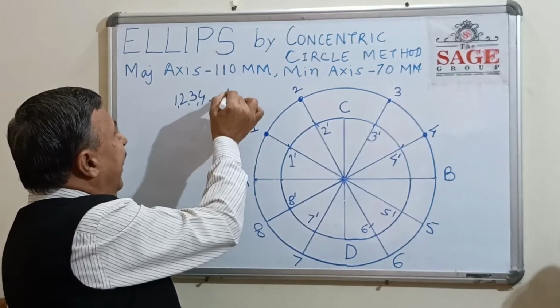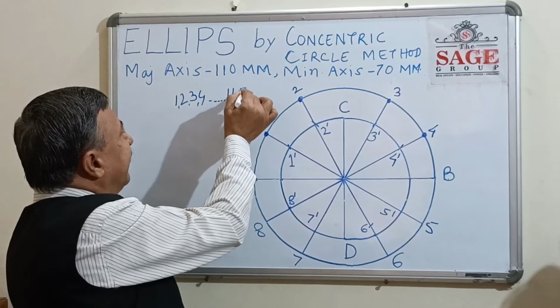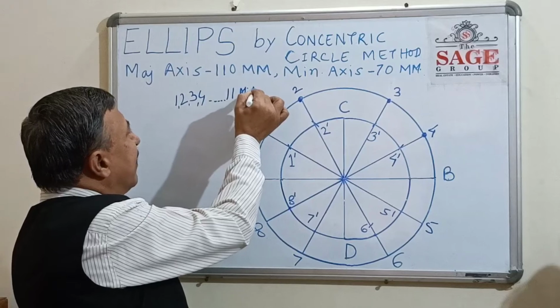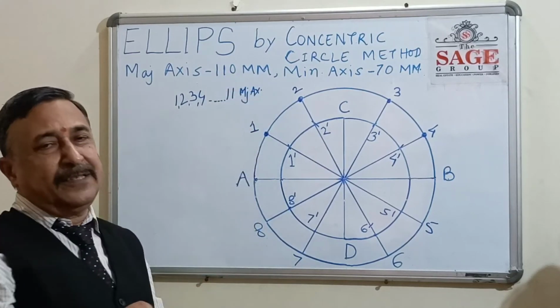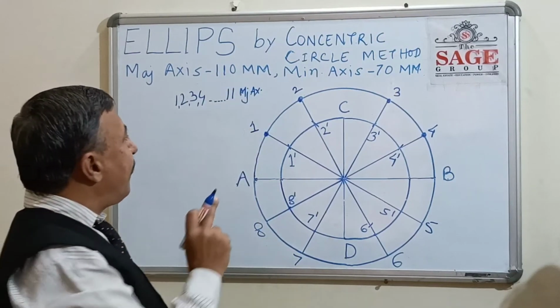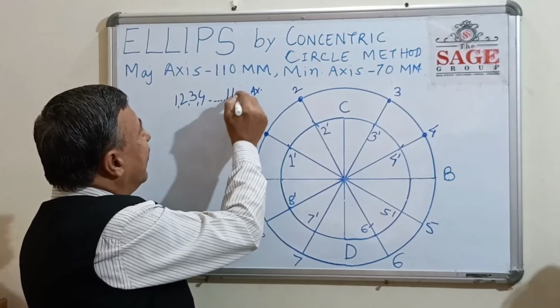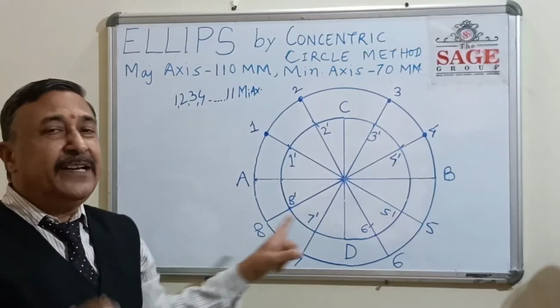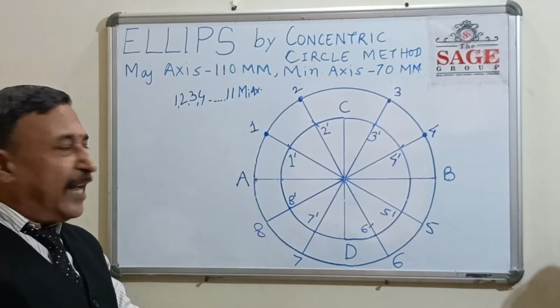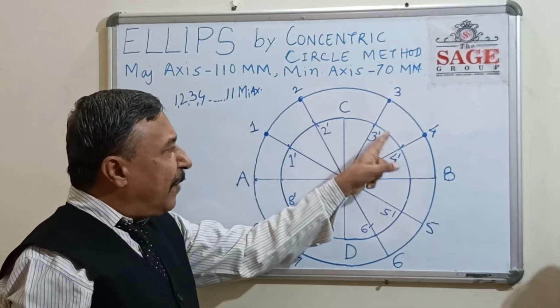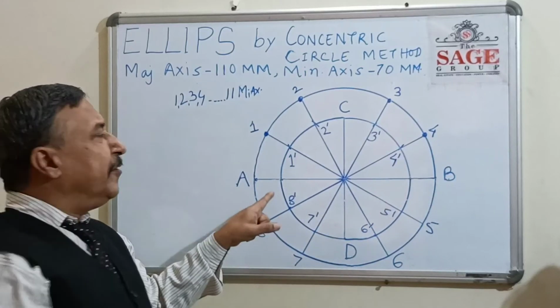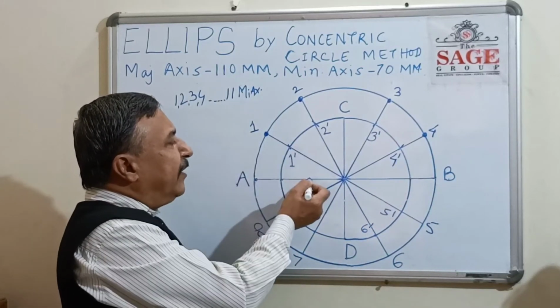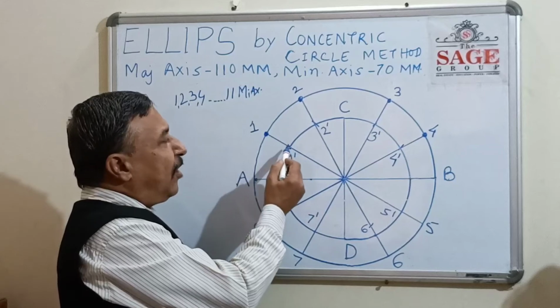Draw lines through these points parallel to the minor axis. Sorry, I said major axis, but it is the minor axis, because these points are on the major axis concentric circle. Just like this, for the points on the minor axis concentric circle, we have to draw lines parallel to the major axis, that is horizontal.